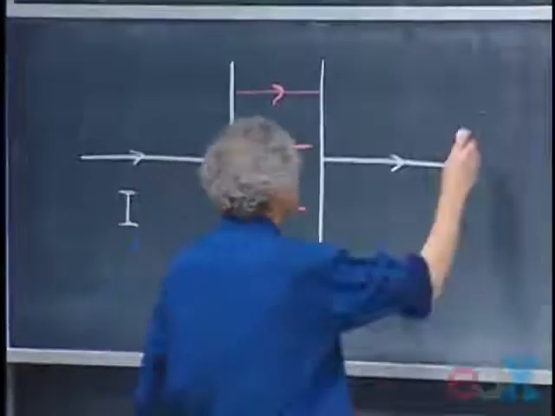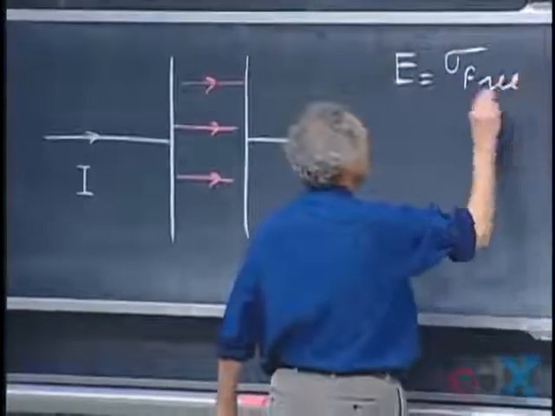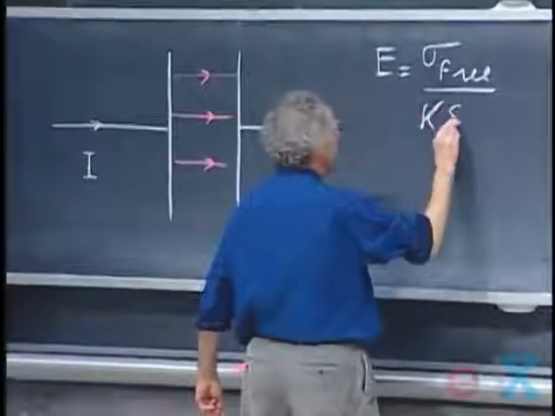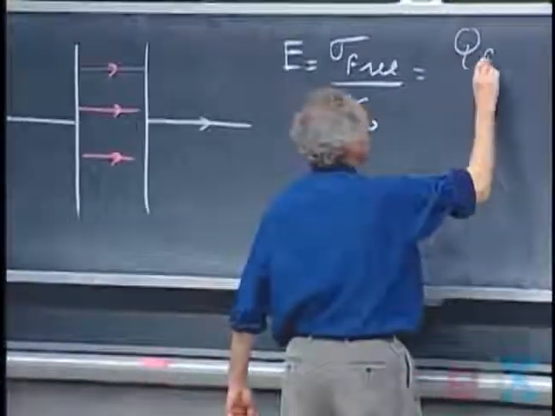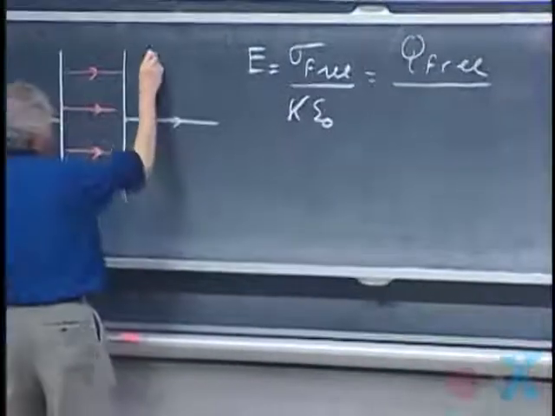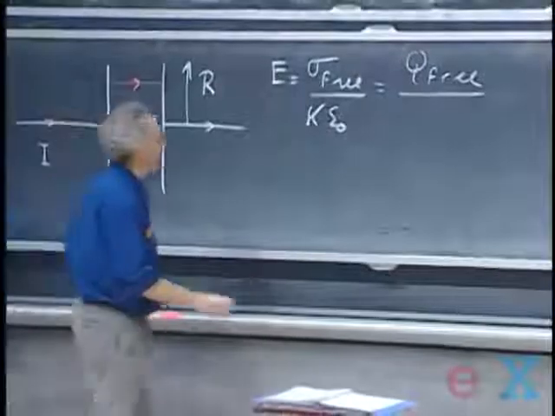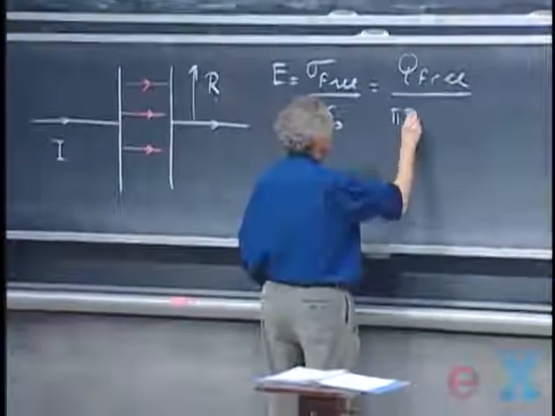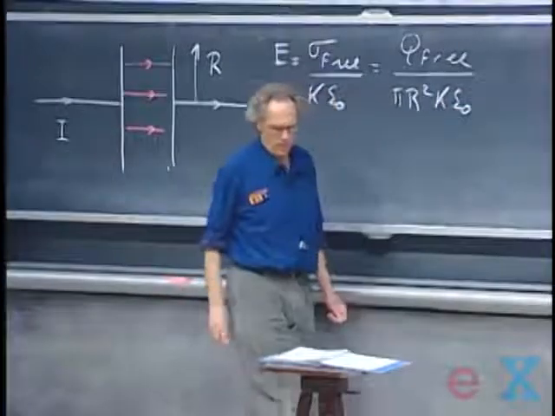The electric field inside the capacitor is sigma free divided by kappa epsilon 0, which is also Q free divided by the area. This is a circular plate capacitor. Capital R is the radius of that capacitor. So we get pi R squared kappa epsilon 0.